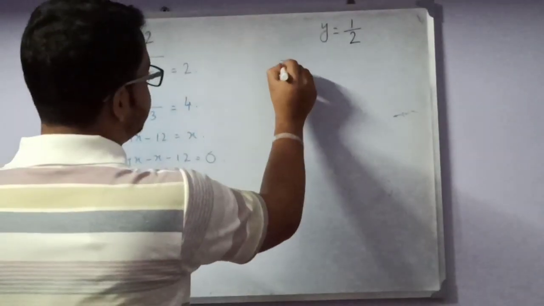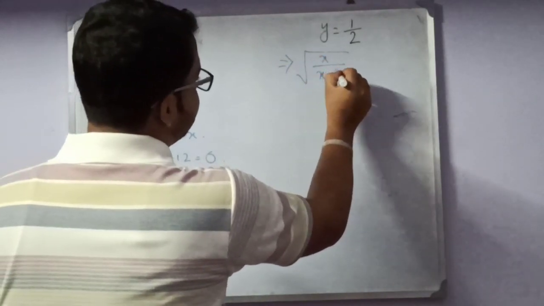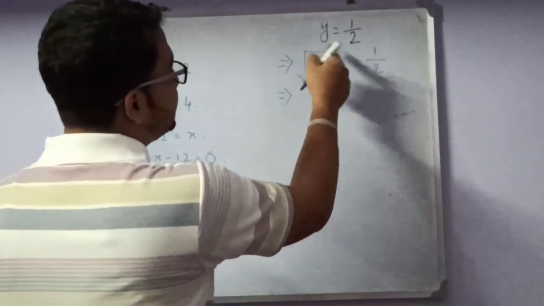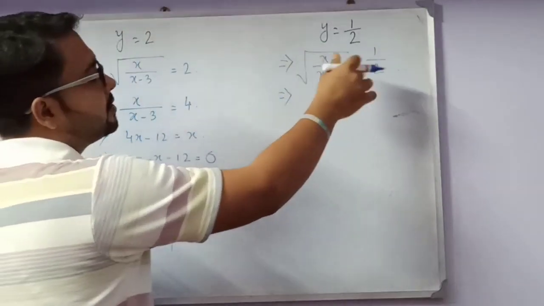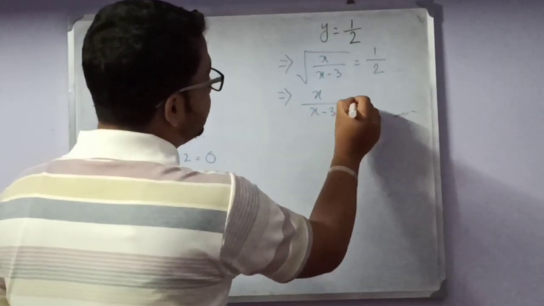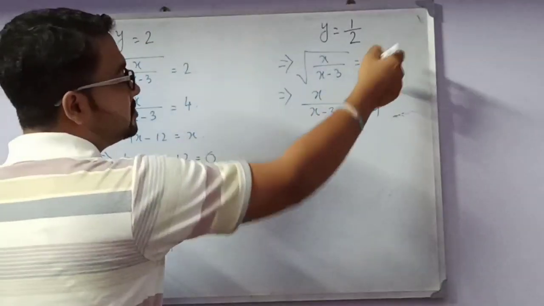Here also y means root of x by x minus 3. Now again to terminate this root we have to square both sides. So we found this one and for this 1 upon 4, squaring this one.